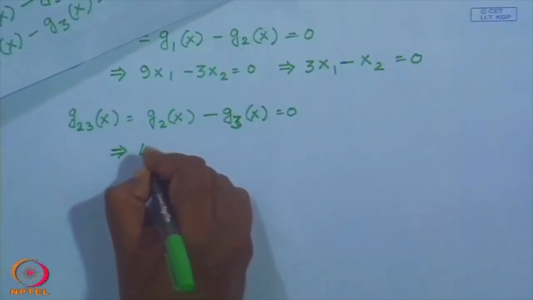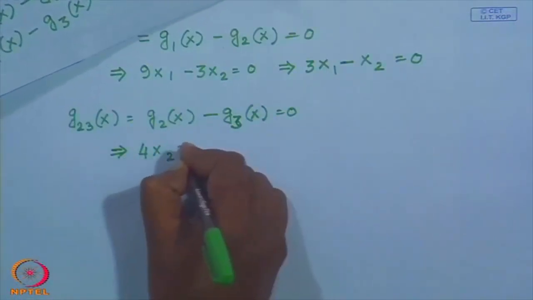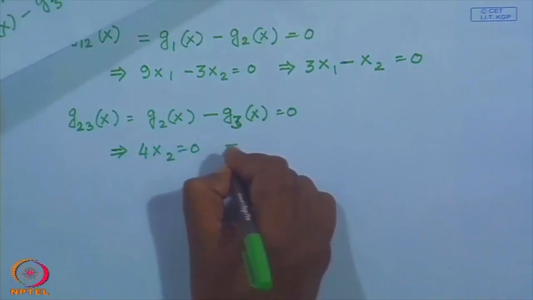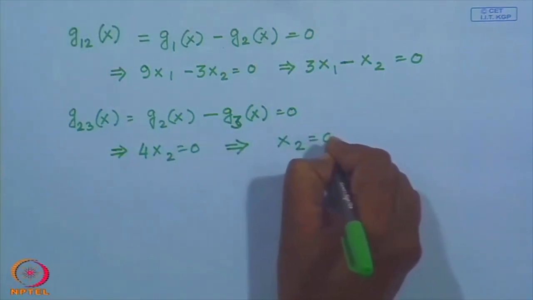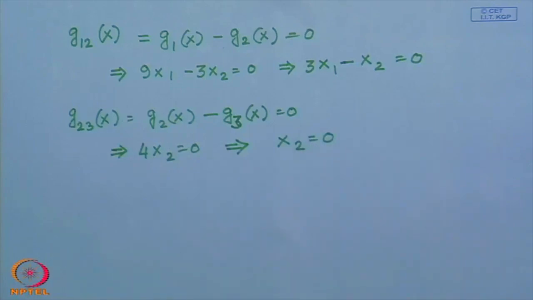So, that gives me x2 equal to 0, which is nothing but the x1 axis.